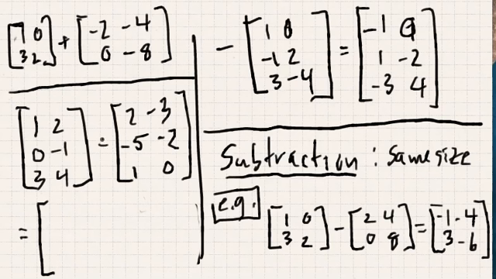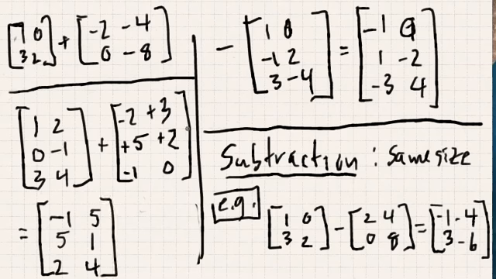So maybe it's smart to change everything into its negative here, just to make it easier to add. Then I get 1 minus 2, which is negative 1, 2 plus 3, which is 5, 0 plus 5, which is 5, negative 1 plus 2, which is 1, 3 minus 1, which is 2, and 4 plus 0, which is 4. Maybe that's a little bit easier to do.